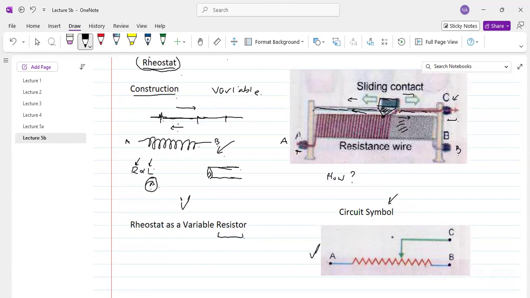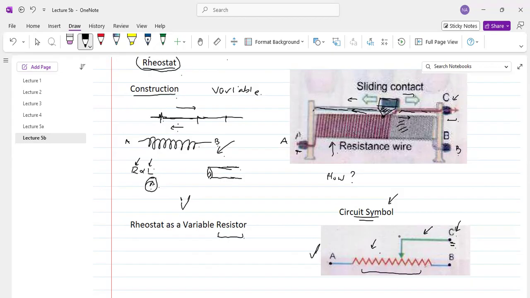In a circuit, we show the presence of a rheostat by showing the resistance with the symbol of resistance, and then two terminals A and B between which this wire of uniform cross section is present, and the third sliding contact is represented by this type of arrow, and the end point of this arrow will be designated as C terminal.